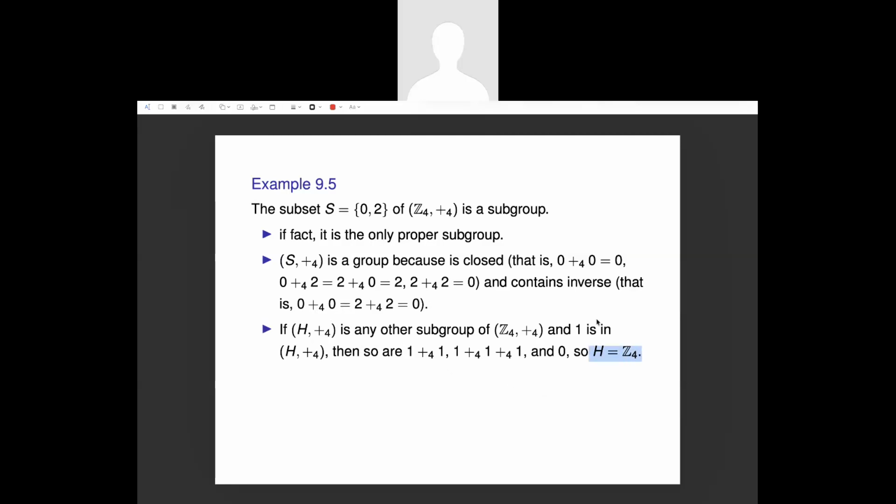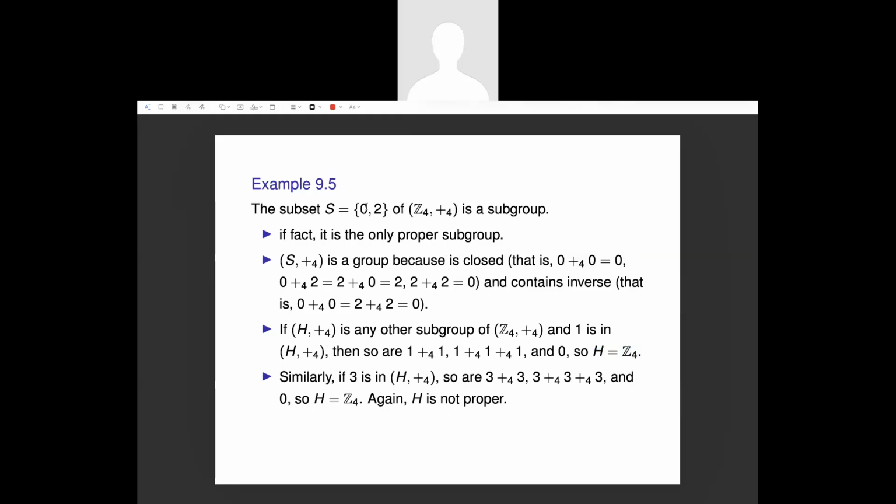This means {0, 2} is the only proper subgroup. There is no other proper subgroup. You cannot find any other proper subgroup of the group Z4 under addition modulo 4. So this is the only proper subgroup.